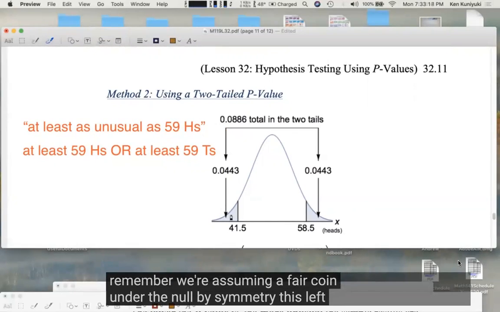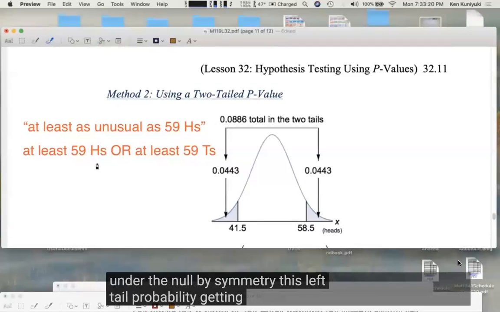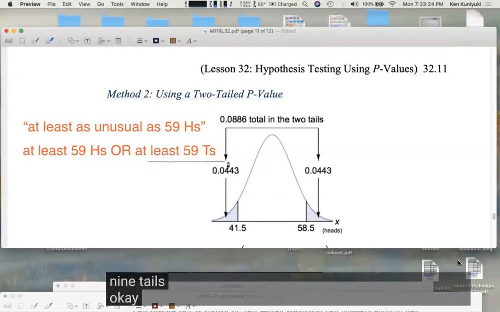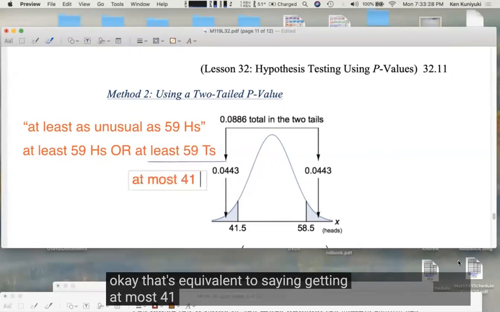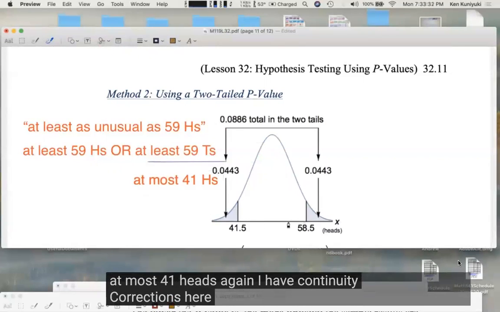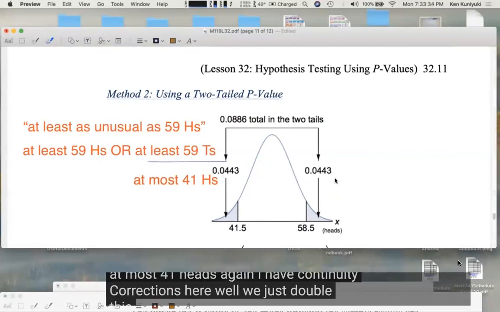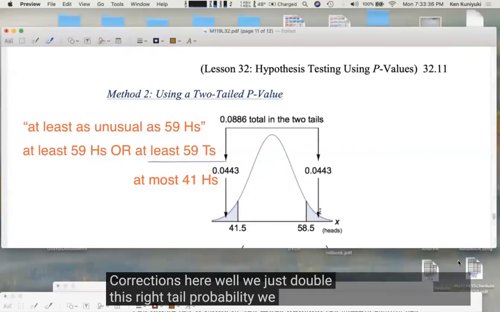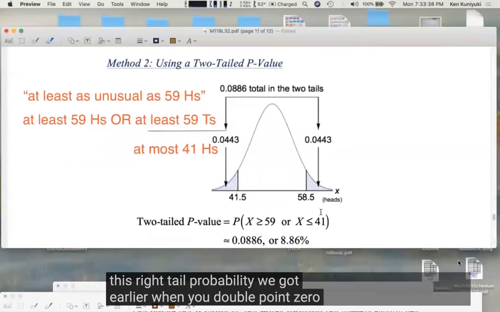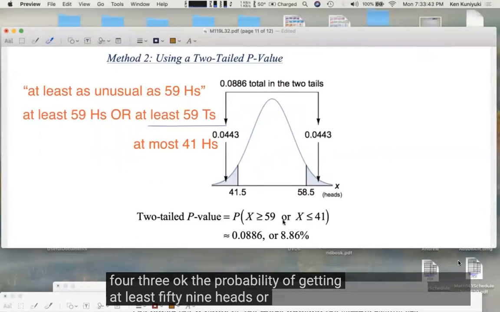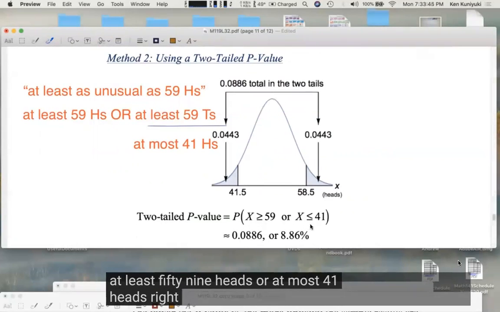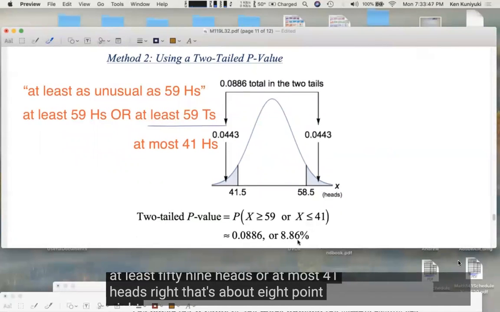By symmetry, this left tail probability, getting at least 59 tails, is equivalent to saying getting at most 41 heads. Again, I have continuity corrections here. Well, we just double this right tail probability we got earlier. When you double 0.0443, the probability of getting at least 59 heads or at most 41 heads, that's about 8.86%.